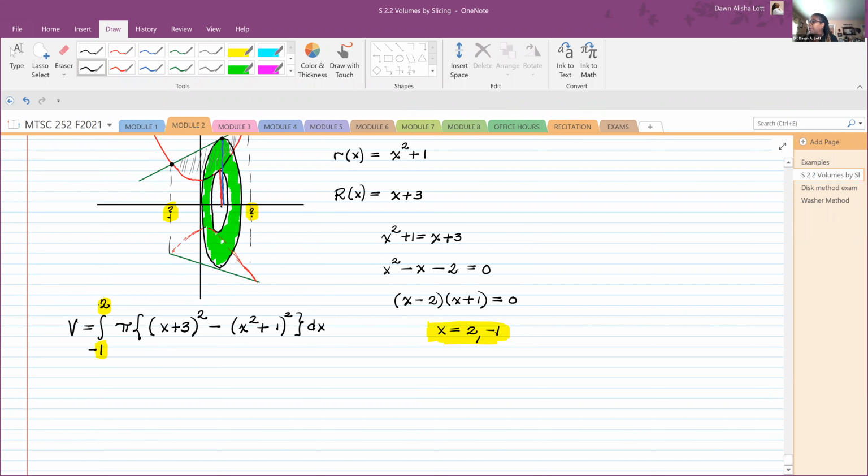You can't tell by my picture, but it goes from -1 to 2. This answer turns out to be 117 over 5 pi.